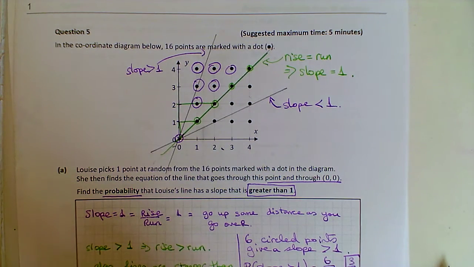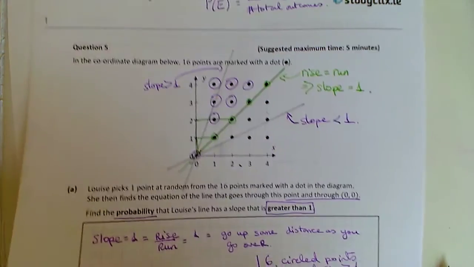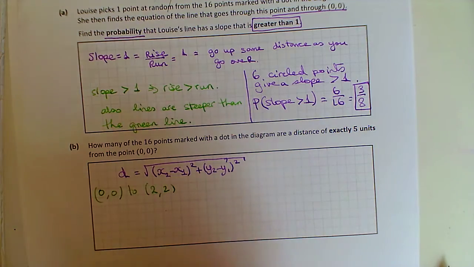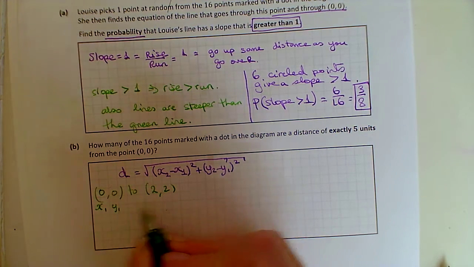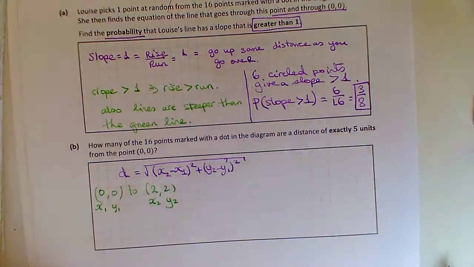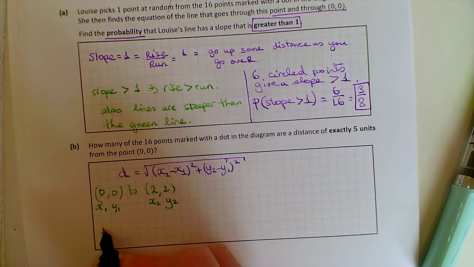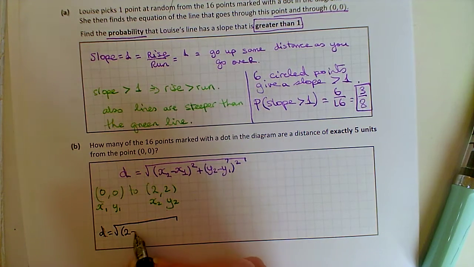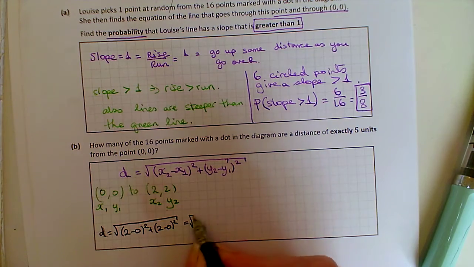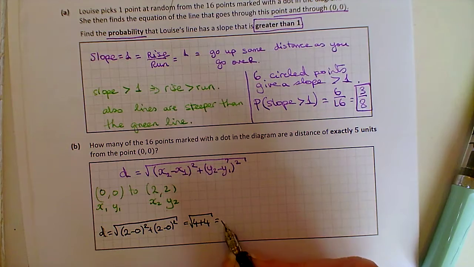So if I look at 0, 0 to 2, 2, and I label that x1, y1, x2, y2, I fill into my formula, and I will get that my distance back to the origin is the square root of 2 minus 0 squared plus 2 minus 0 squared, which is the square root of 4 plus 4, which is the square root of 8.